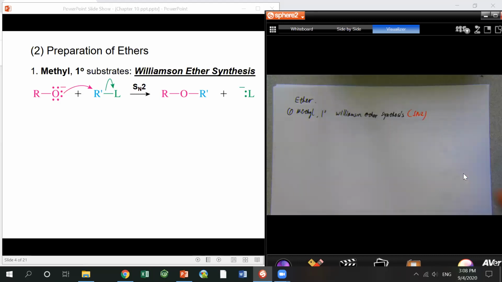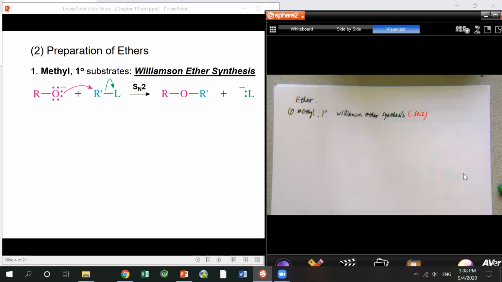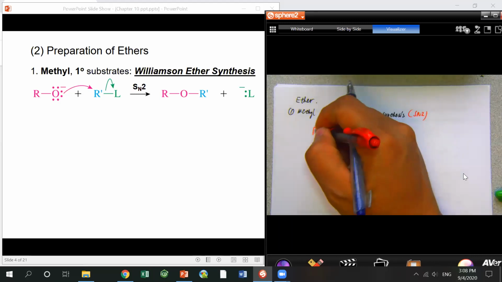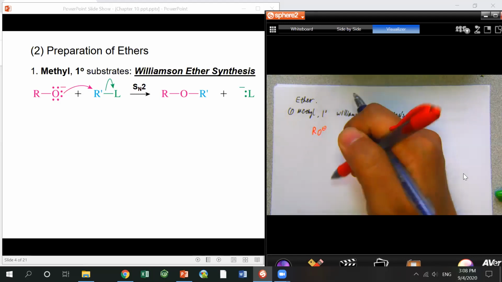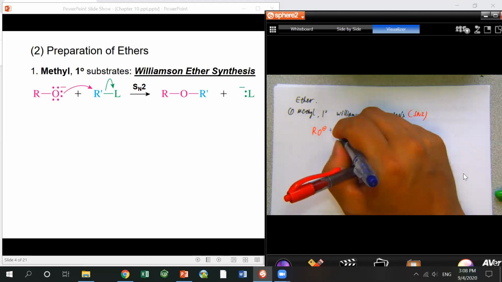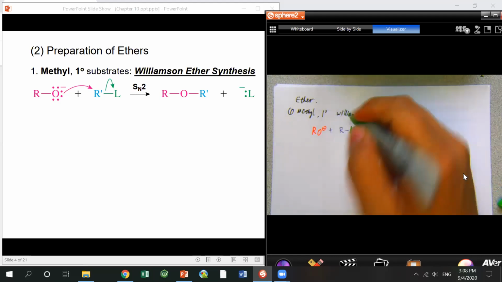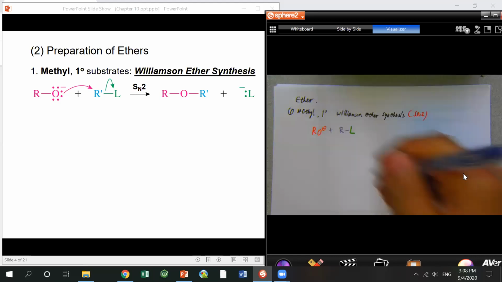So the general reaction, I'll show you here, still using the colored pen. I already showed it on the screen. Pretty much you have an alkoxide that reacts with the substrate. The substrate has a leaving group, and this is a typical SN2 reaction process.